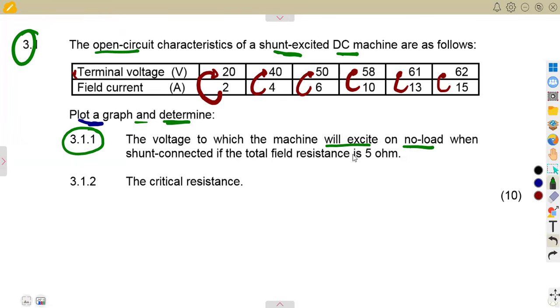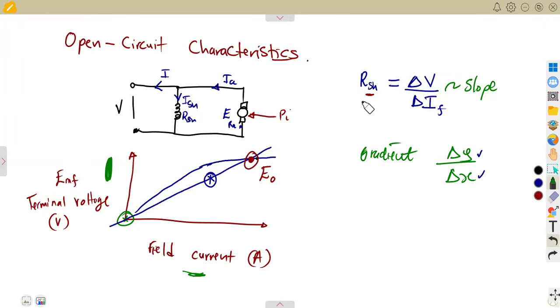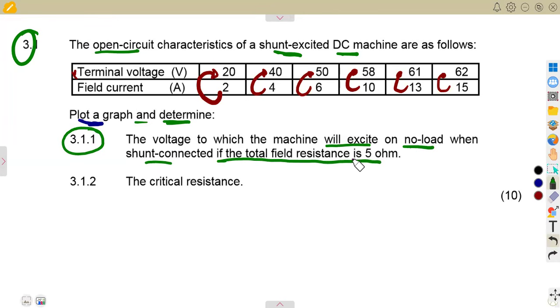When it excites at no load, when shunt connected, remember this is a shunt machine, if the total field resistance is 5 ohms, remember here, the change in the voltage over the change in the current concept. So you are given that the total field resistance is 5 ohms.